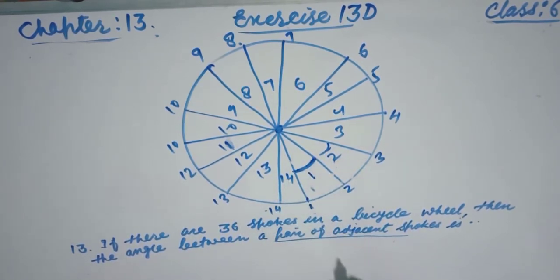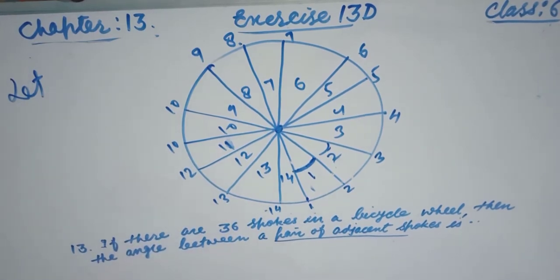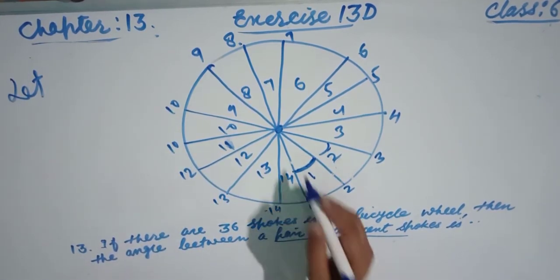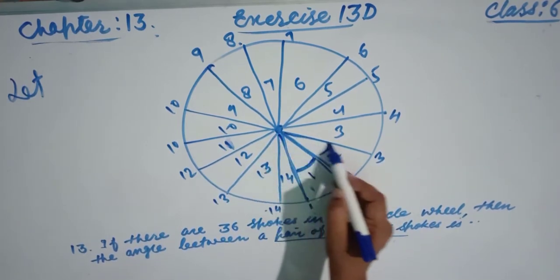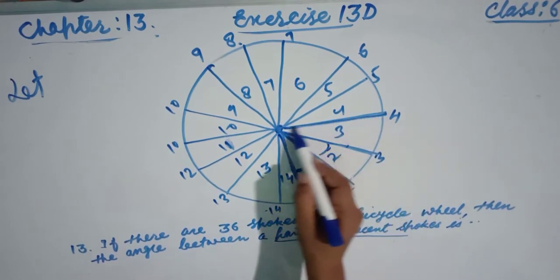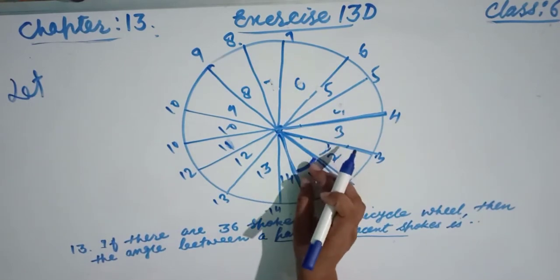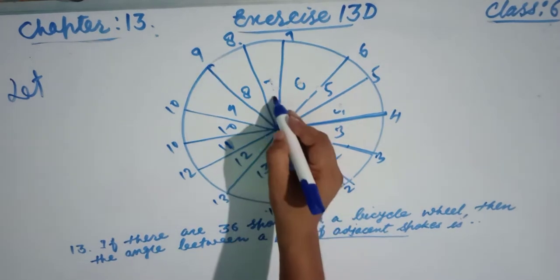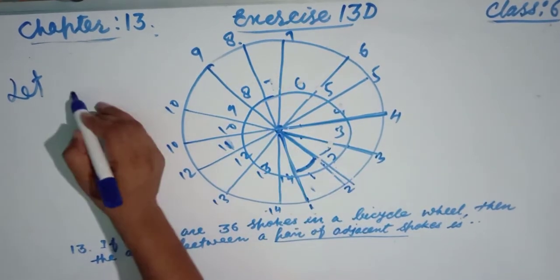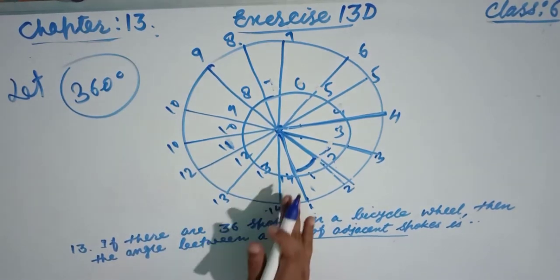Each angle between a pair of adjacent spokes is equal, so the gap between two spokes is the same everywhere. Now, one complete angle is equal to 360 degrees.